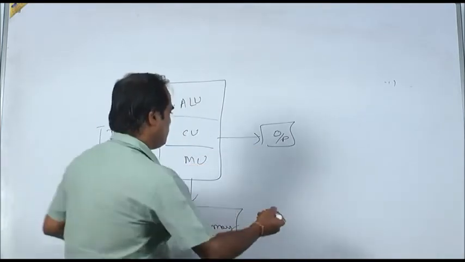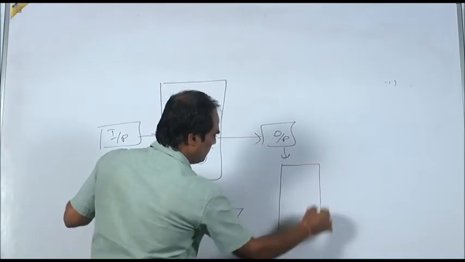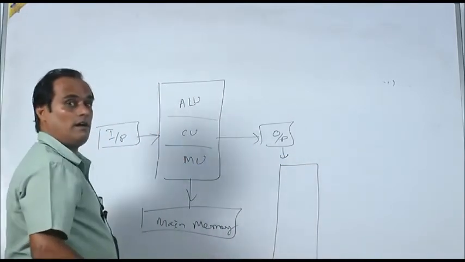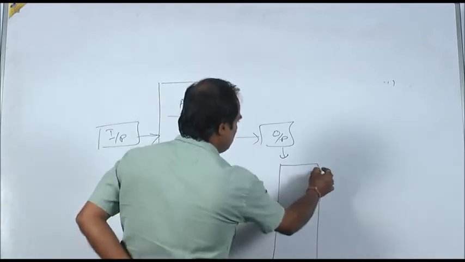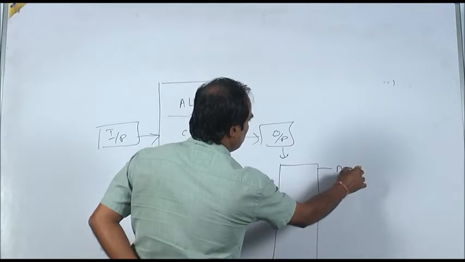As this is the output section, we have a number of devices for output. In general, we use the display unit, that is, the monitor.